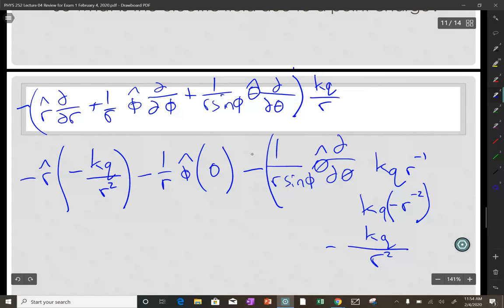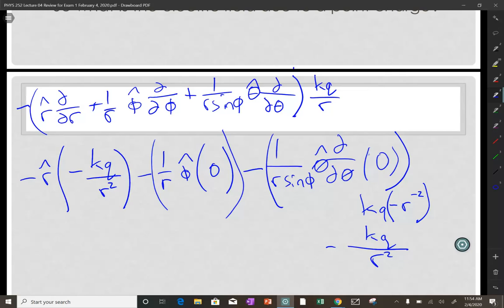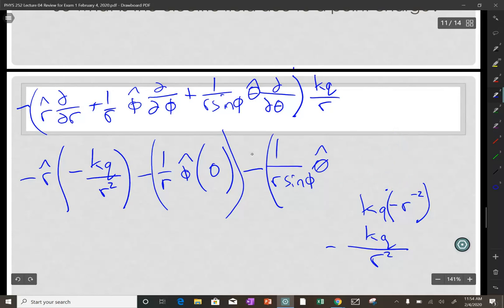I'm going to erase this because it's in the way. Times 0. Actually, the whole derivative is 0. It's not the derivative of 0. That's the derivative of the constant.